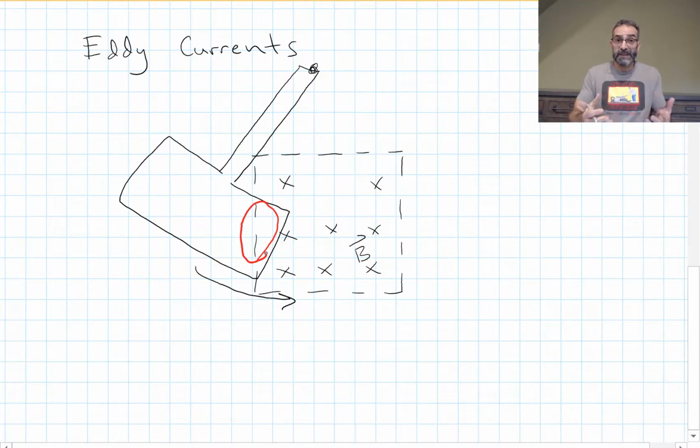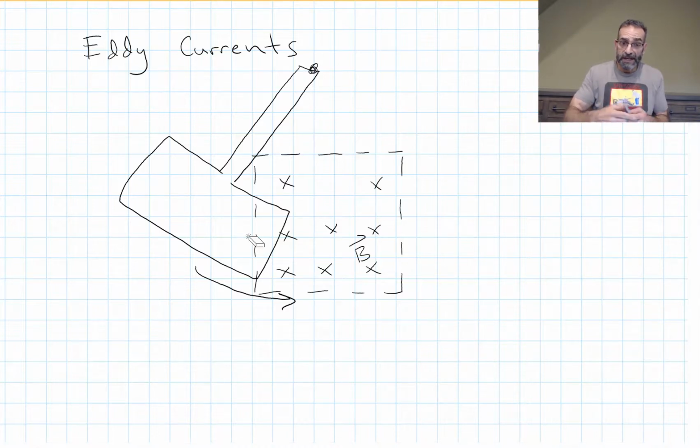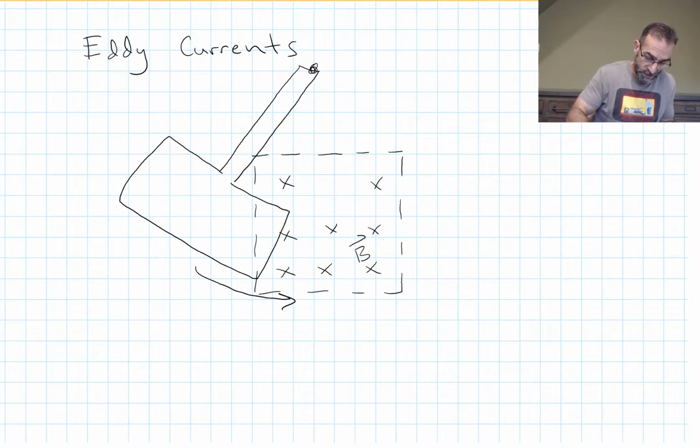A conductive material, it's a solid conductor, but it acts no different than a loop of wire does. We have an increasing flux. A current is going to get set up to try to oppose that change. So we're going to get a current that's set up in this direction.